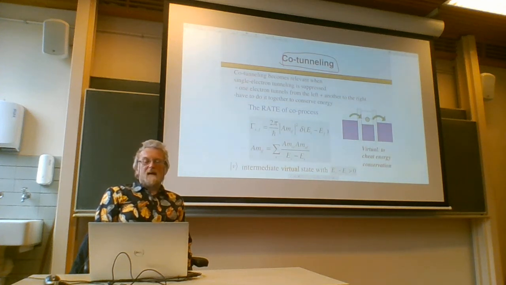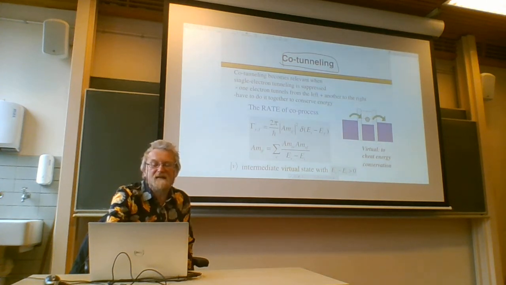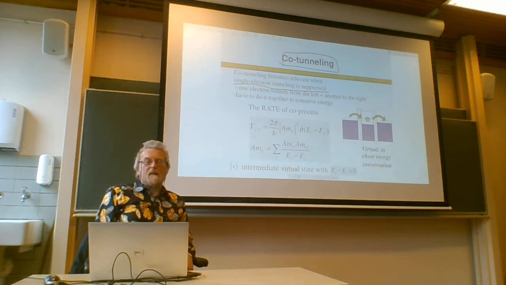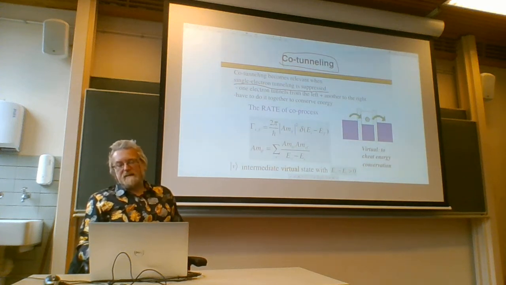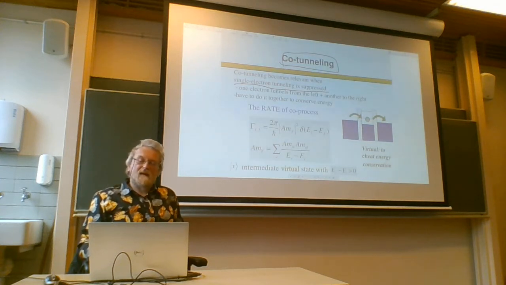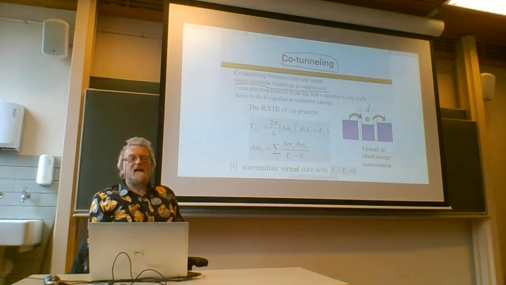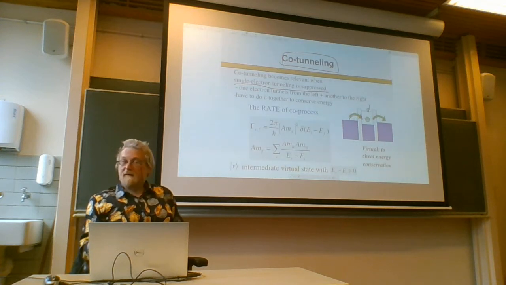This process becomes relevant when single electron tunneling is forbidden, is suppressed. Right? For instance, in the Coulomb blockade domain, an electron which would come here to the island would need to have energy which it cannot afford.